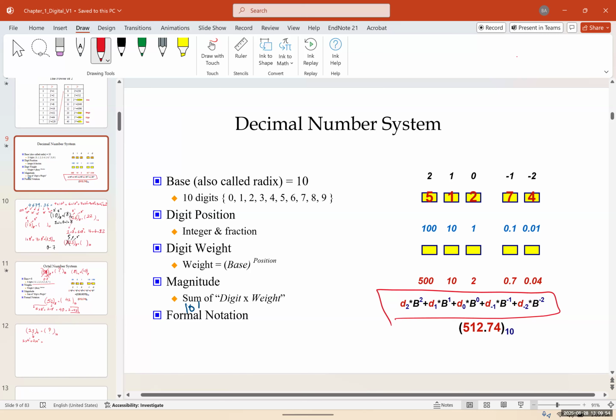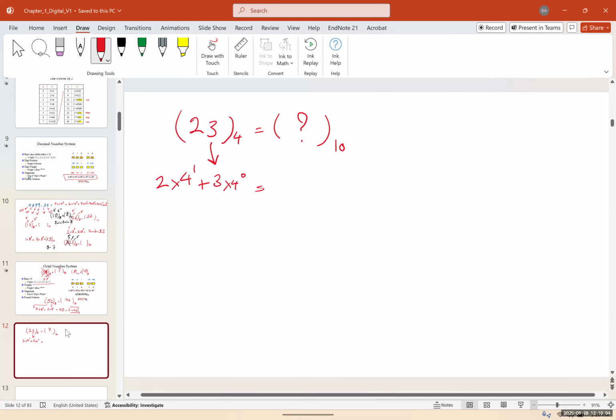We start from the fraction point and go to the left, and the first position is 0, then 1, 2, 3, and so on. So 4 to the power of 0, 4 to the power of 1. 2 times 4 to the power of 1 is 8. 3 times 4 to the power of 0, which is 1, is 3. So 8 plus 3 is 11.